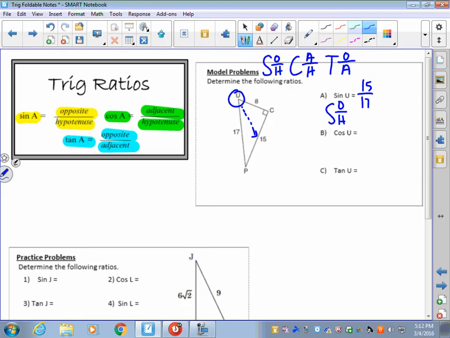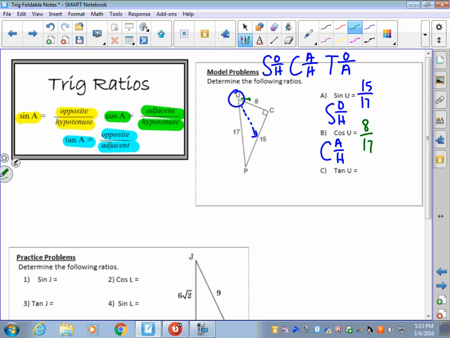U is the value of the angle, so some type of degrees. And then we're going to do that as well for cosine of U. Since cosine is adjacent over hypotenuse, and adjacent means right next to the angle, next to angle U is the 8. So we write the ratio 8 over 17.